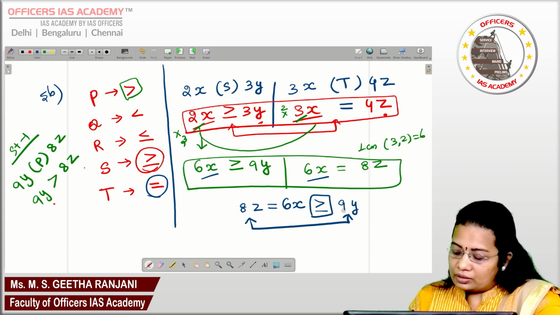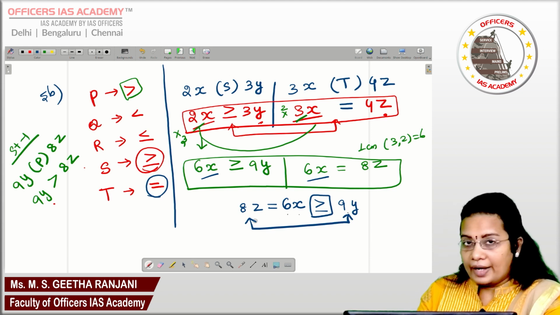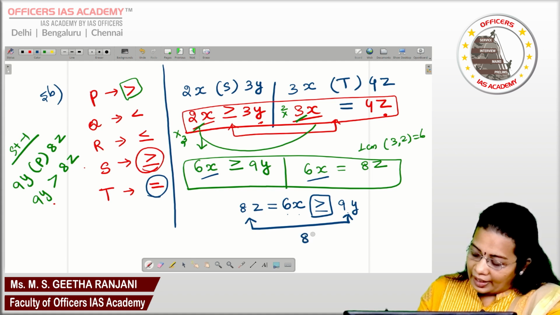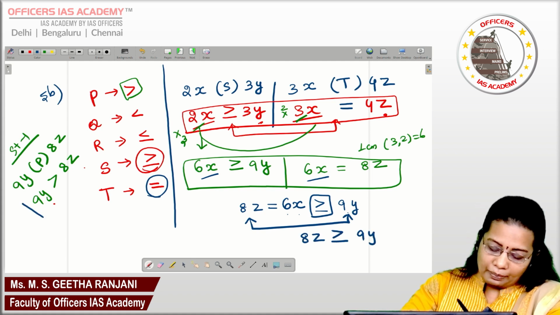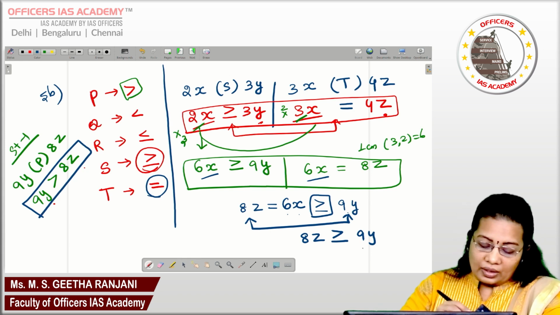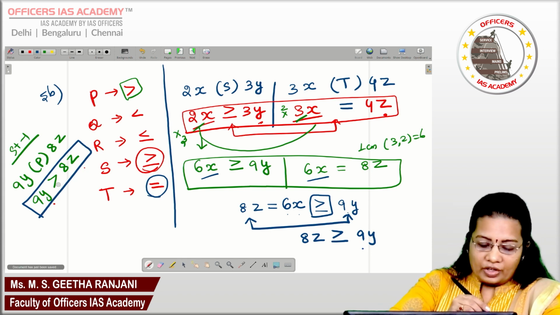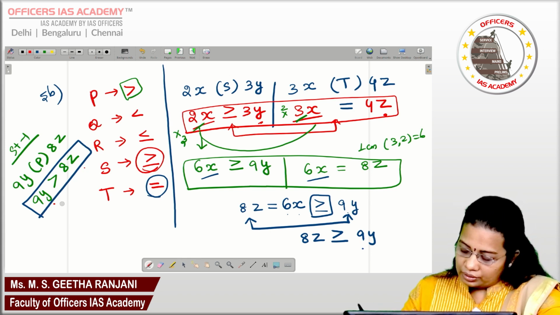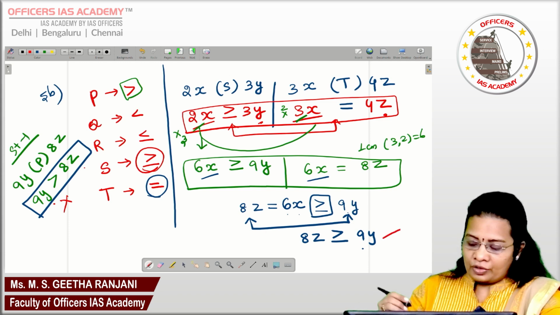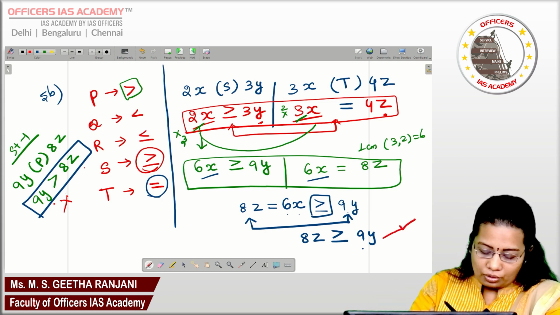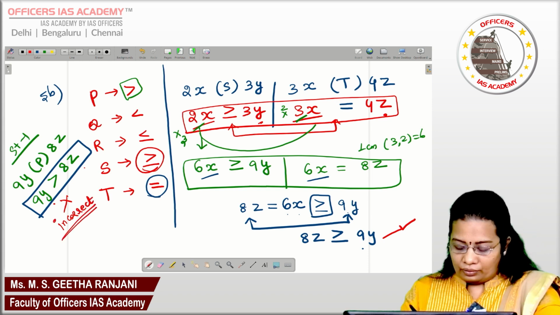This value is less than or equal to 6x and 6x is equal to 8z, means definitely 8z will be greater or equal to 9y. But in the statement number 1, 9y is greater than 8z. Whether it is right? No. This one is correct actually. According to our calculation, this one is wrong. So statement 1 is incorrect. Statement 1 is wrong.